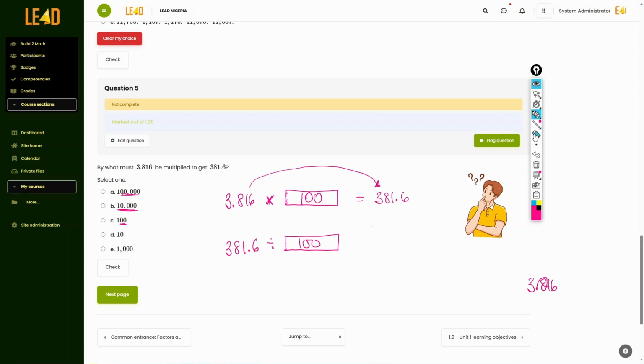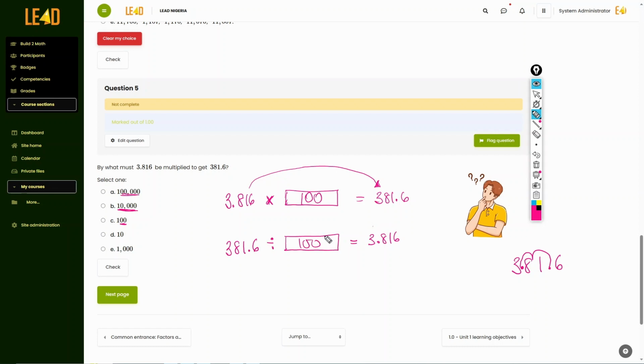So I have 381.6 and I'm dividing by 100. So now I would move 2 places, but I'm going to move 2 places to the left. So my decimal point is going to go 1, 2, and I'm going to have 3.816. All right, so if you're dividing, you move to the left.